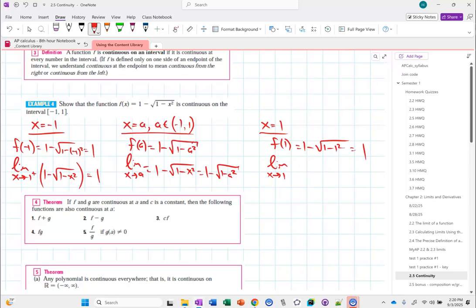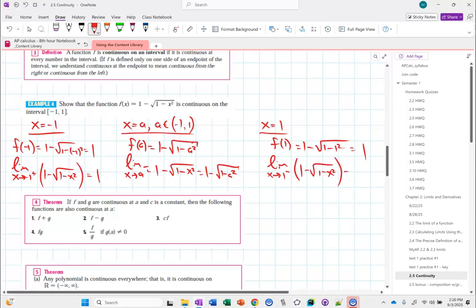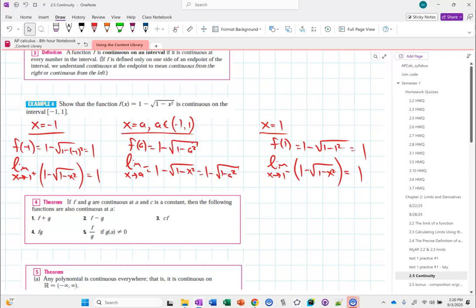Now, since this is the end point, we need to approach -1 from the left, right? Because that's the right end of it, so it's got to be coming in from that side. And again, you direct substitute. To go from -1 to 1, the left end you have to come in from this side because the stuff lives in between there.